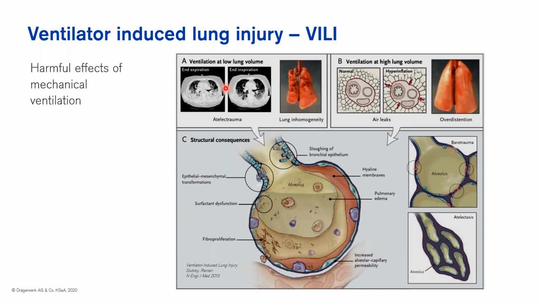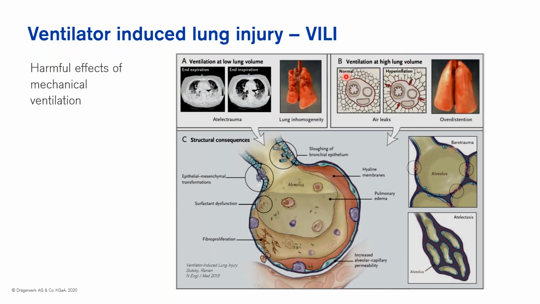On the other hand, the clinicians also looked at ventilation at high lung volumes. It can either be with high inspiratory pressure or higher tidal volume per kilogram of body weight.